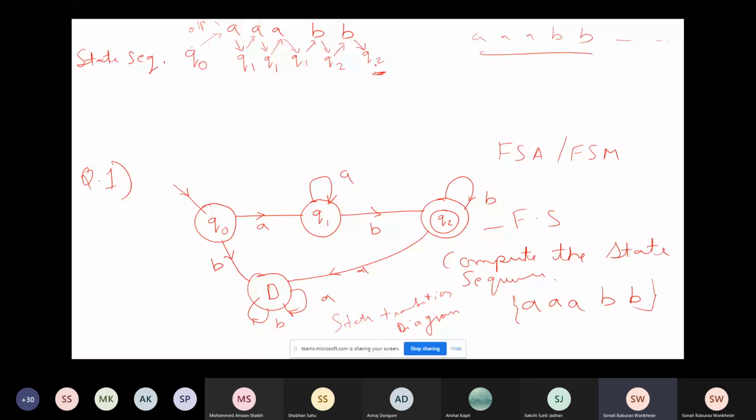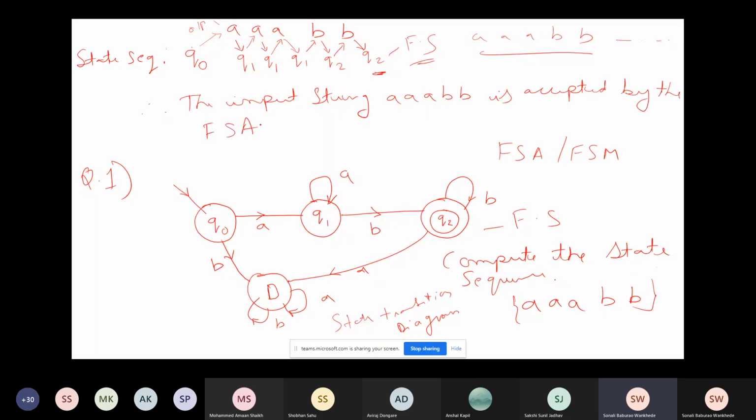So we can say, just write one line here, that the input string triple A double B is accepted by the finite state automaton.